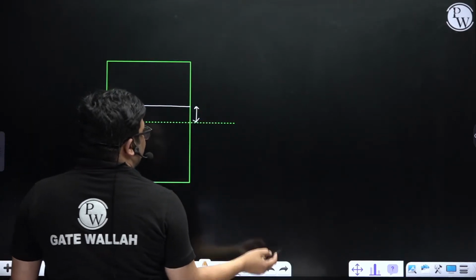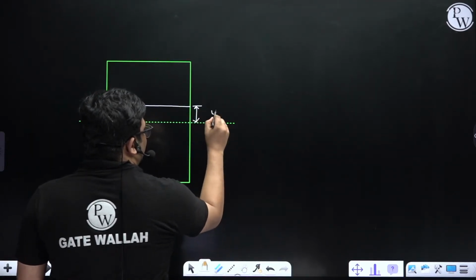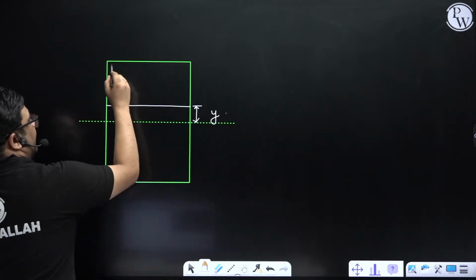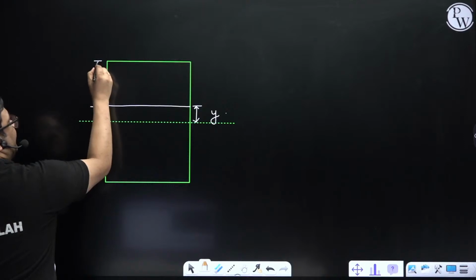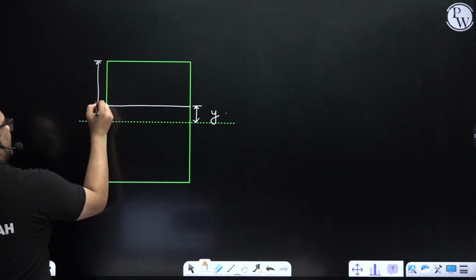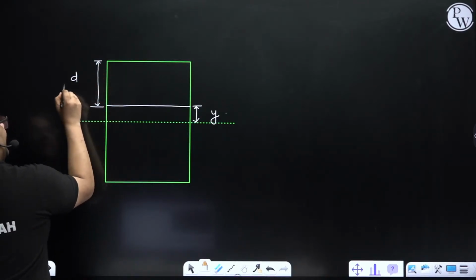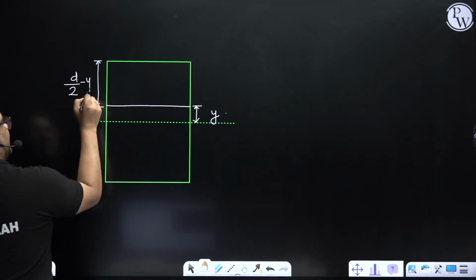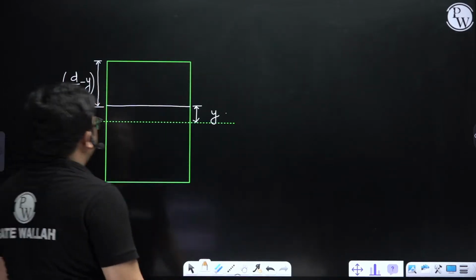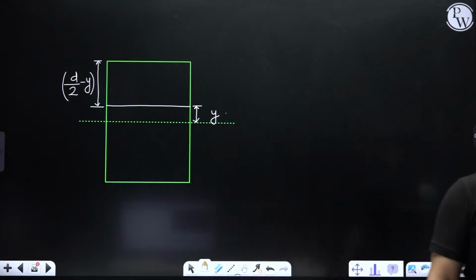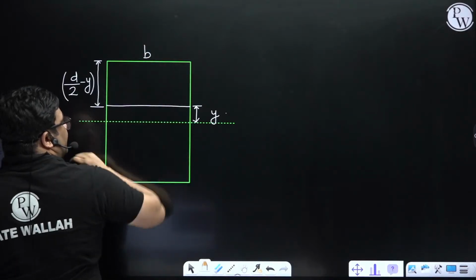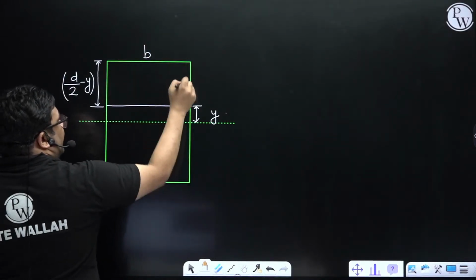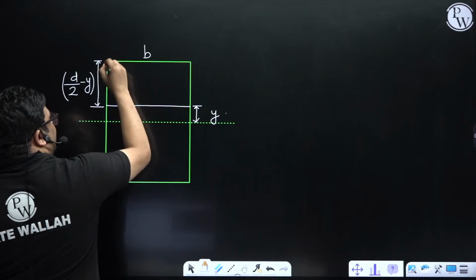If this distance is y, then this rectangle dimension will be d by 2 minus y, and this is your width. So this is the area A.